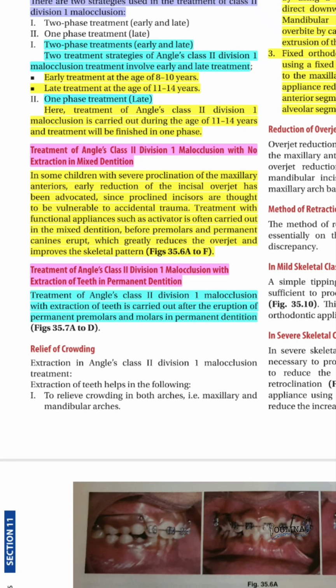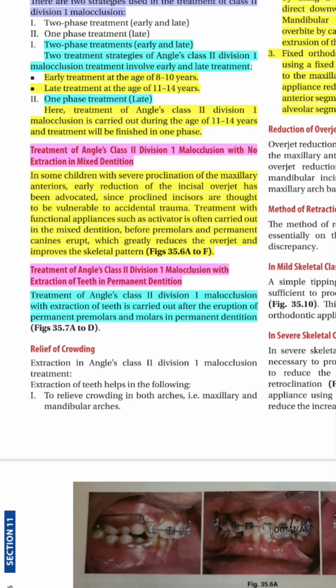Now, the patient came to us. They have class 2, division 1 malocclusion. They are in the mixed dentition, and we want to treat the overjet without extracting any tooth. In this case, we use the functional appliances like the activator before the premolar and the permanent canine erupt.